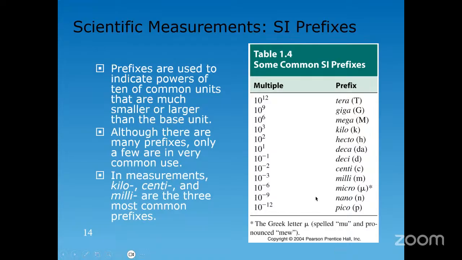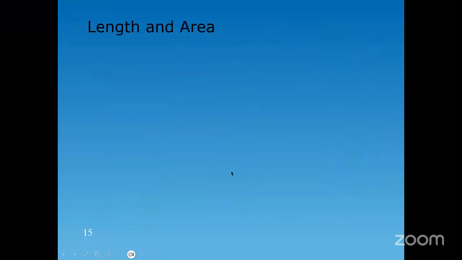And then for the smaller units, 10 to the minus 6 is micro, 10 to the minus 9 is nano, and so on and so forth, all right? So whenever you're using the metric system, it's very important that you understand what these different prefixes mean.